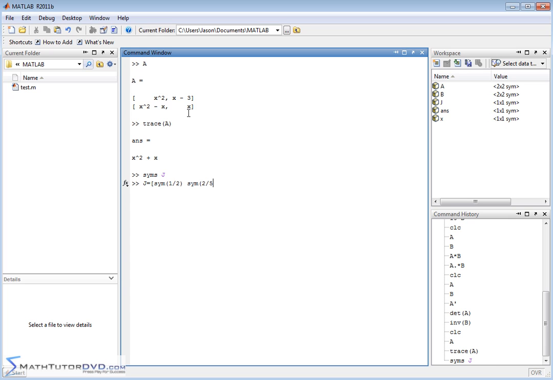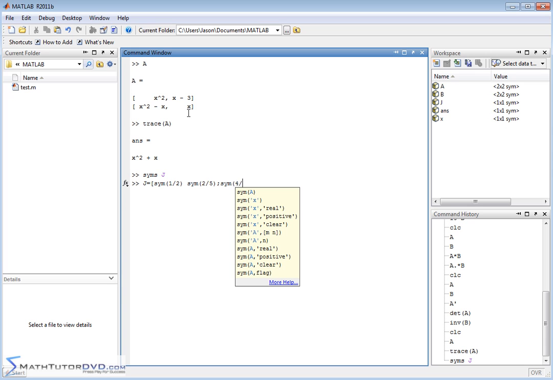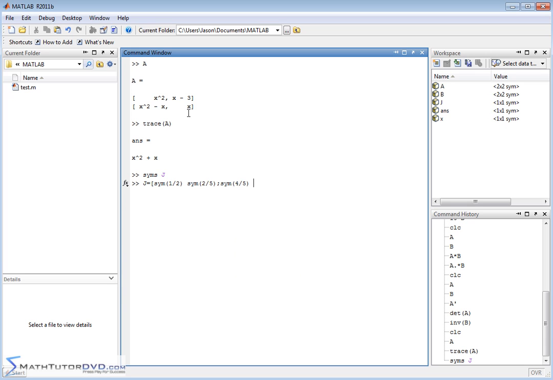That's the first row. And then the next row, I'm going to have a symbol. I'm going to call it 4/5. And then I'm going to have another symbol. Let's just put 1/2 back in there. So you see, now I've created a matrix with numbers. The only difference is I put symbols and wrapped everything in symbols, so MATLAB knows that these are now symbols. So I have 1/2, 2/5, 4/5, and 1/2.